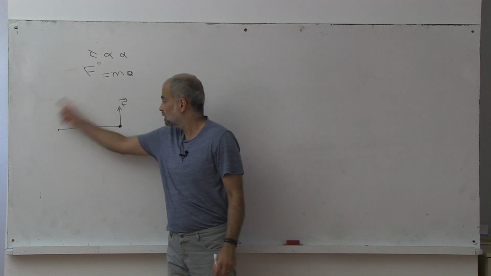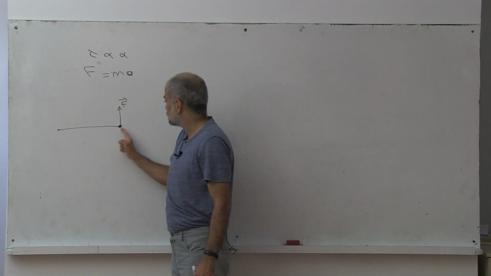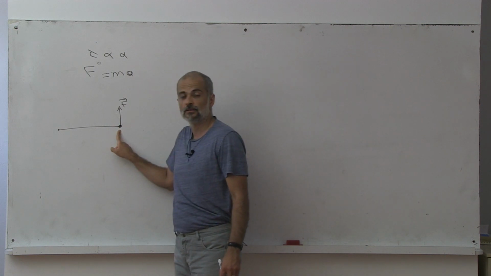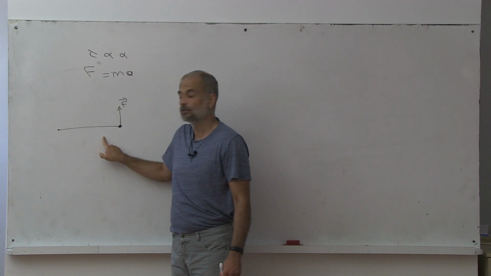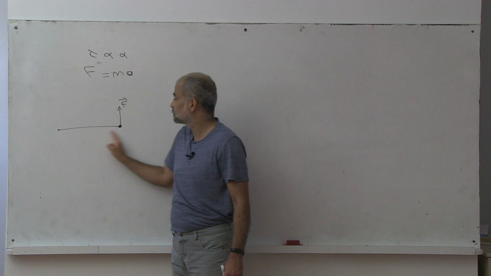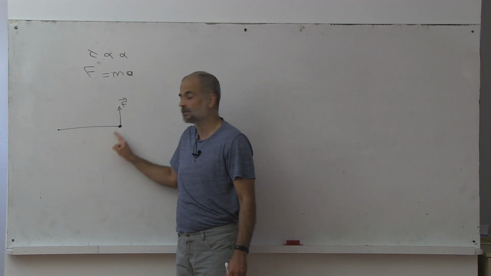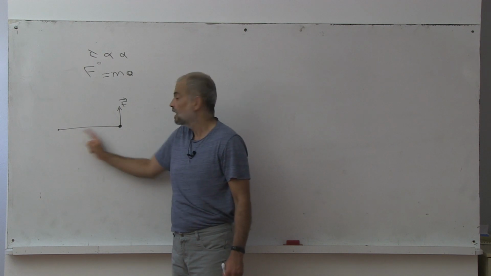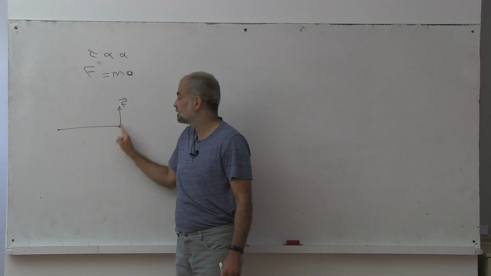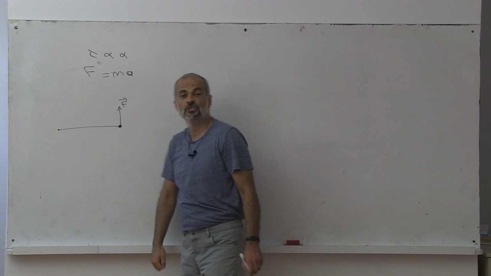In this case, we can treat the whole system as a rigid object. The force acting on it is the tangential force, which in this simple example we assume to be perpendicular to the radial direction. This force, which is tangent to the trajectory of the object, will create the tangential acceleration.